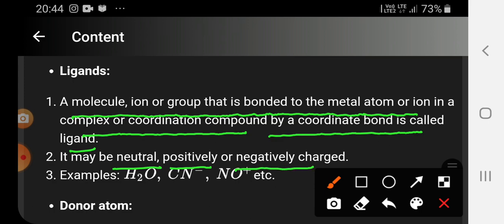Here are some examples of ligand, for example, water, CN- and NO+.